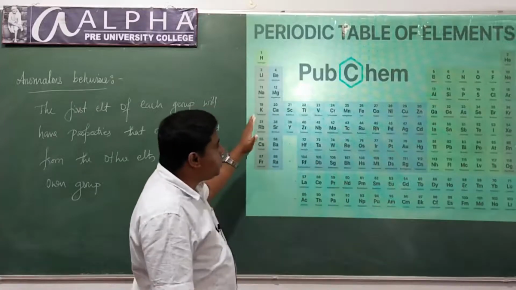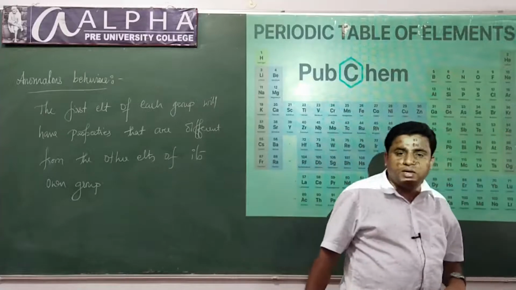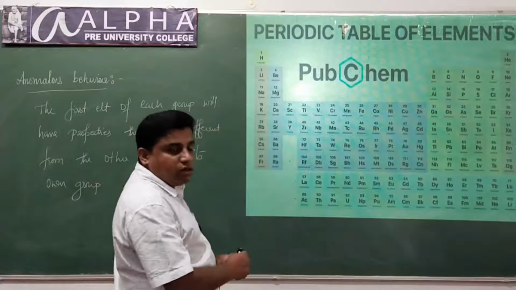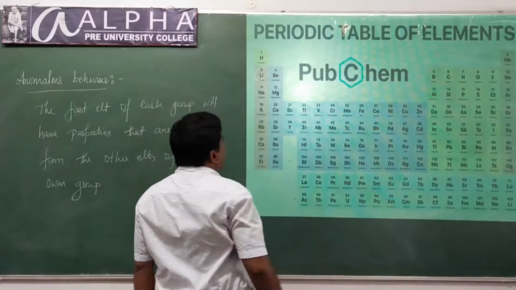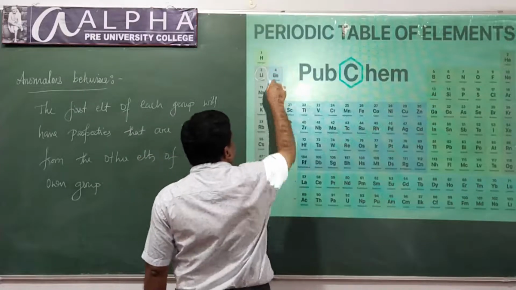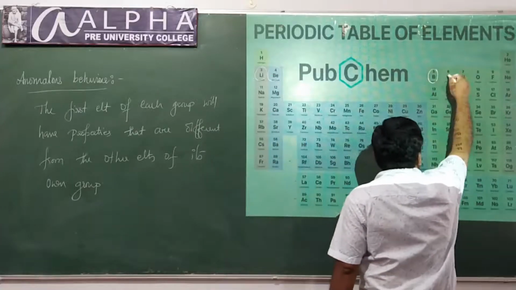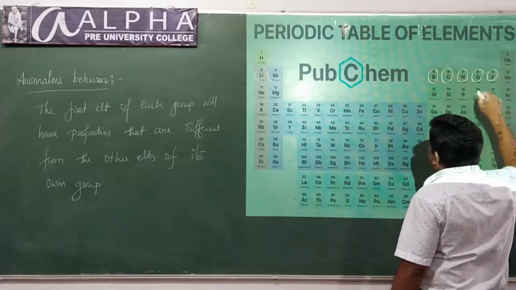We have the first group, second group, and 13 to 17 groups. The first member of group 1 is lithium. The first member of the second group is beryllium. The first member of the 13th group is boron. The first member of the 14th group is carbon, and then nitrogen, then oxygen, and then fluorine.